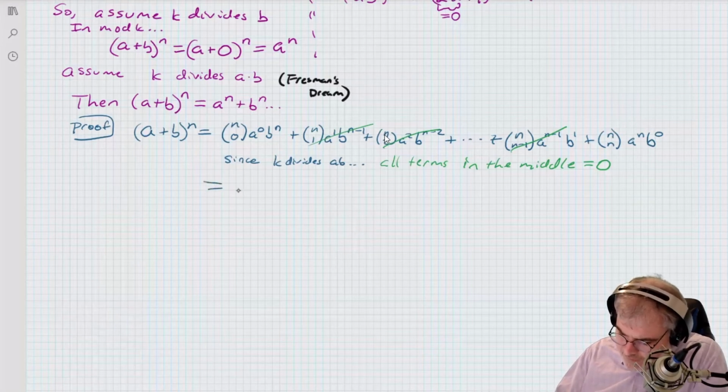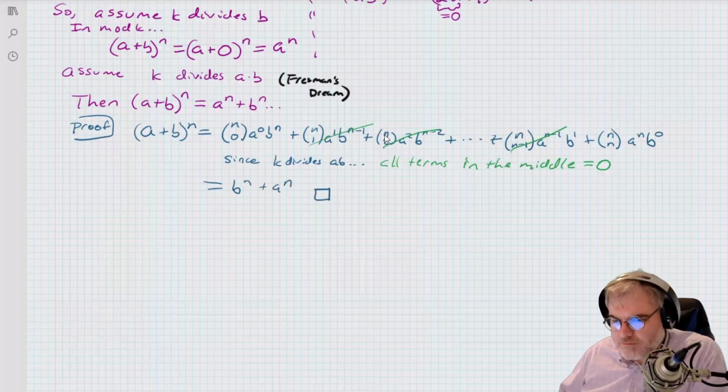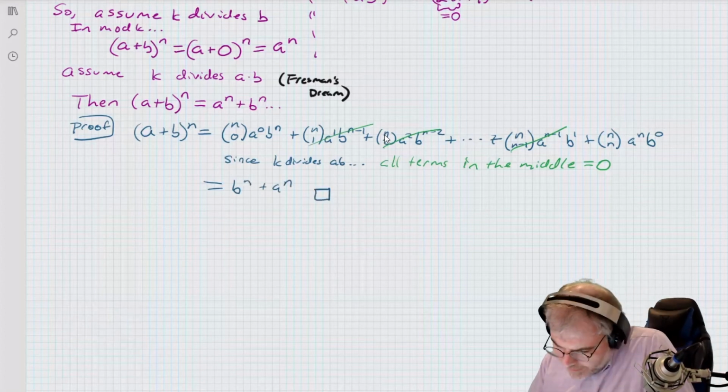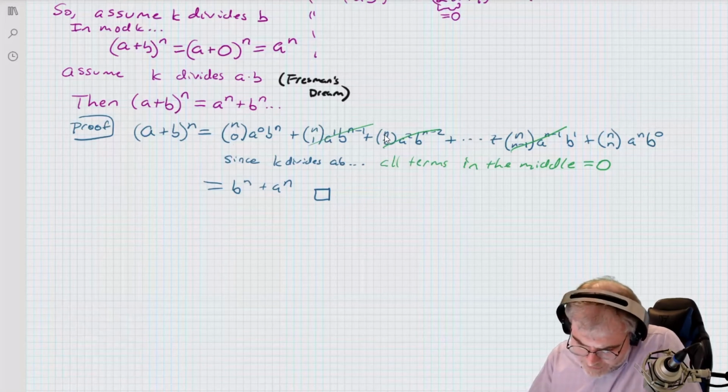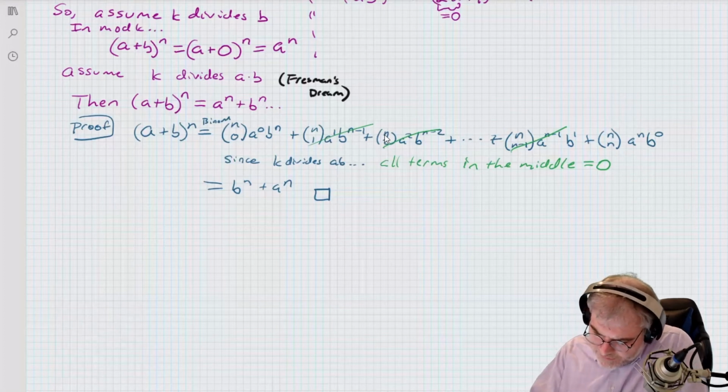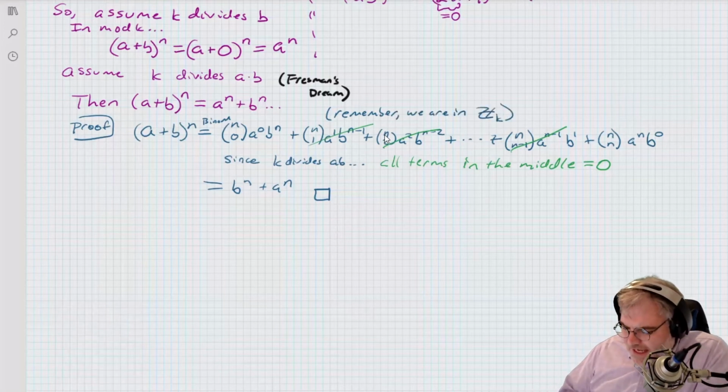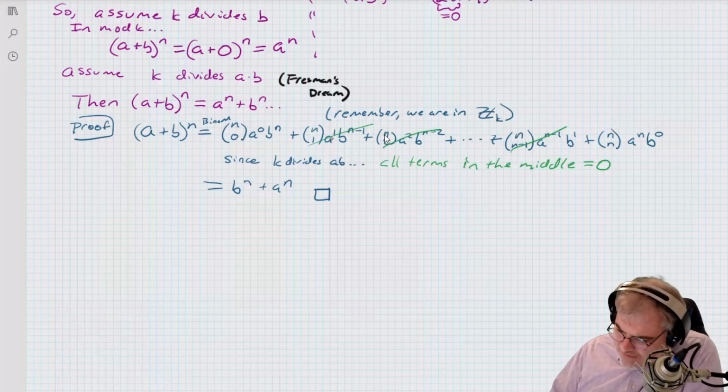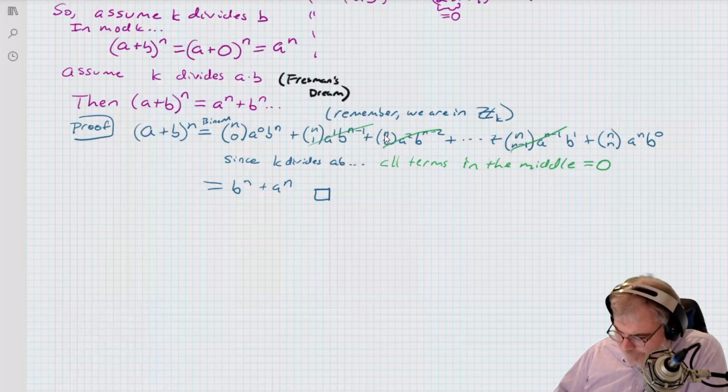So I'm left with B to the n plus A to the n. Right? Here it is. I expand using the binomial theorem. And since K divides all of these terms, and remember we are in Zk, since K divides every term in the middle, all I'm left with are the 2 terms at the end.